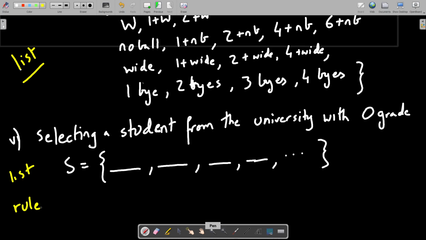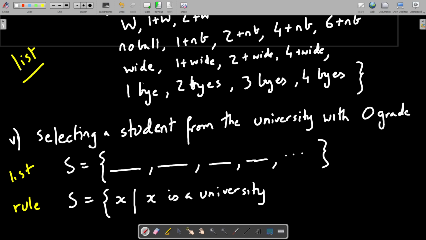The other option is a rule method. In this, what we'll do is write down x such that x is a student of the university.